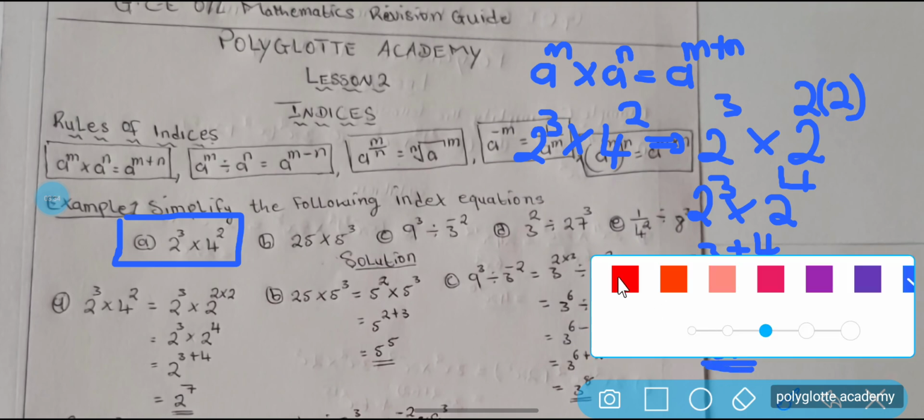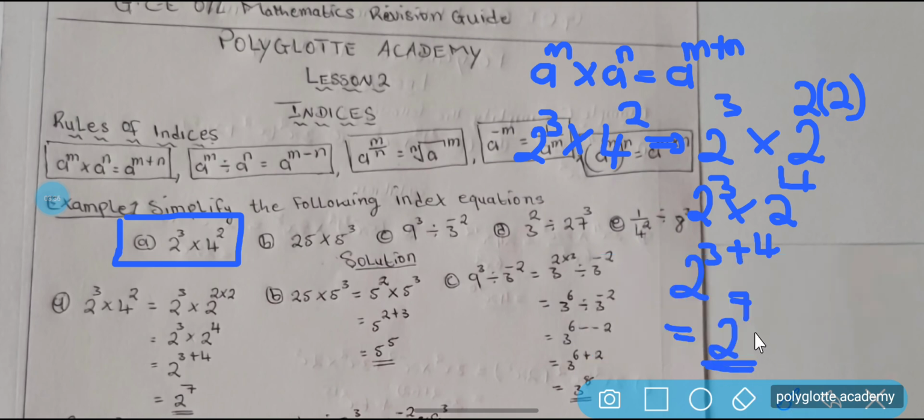So that is the answer. So it's correct. That was for the first index equation, 2 to the power 3 times 4 to the power 2.